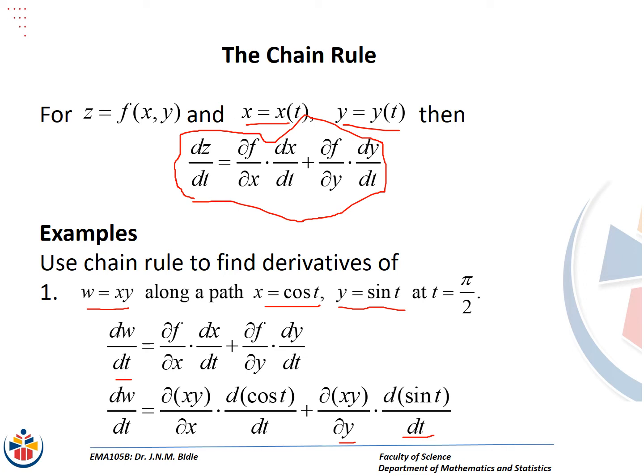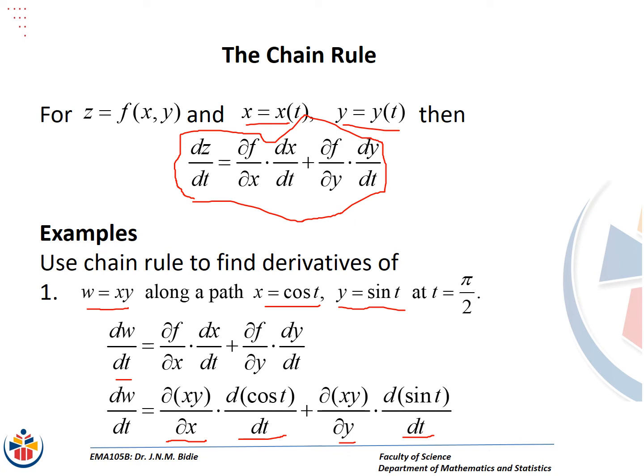Once again, f is xy. So the first term must be the derivative of xy with respect to x times the derivative of x, and x was given to be cos t, with respect to t, plus the derivative of xy with respect to y times the derivative of y with respect to t, and our y is given to be sine t.